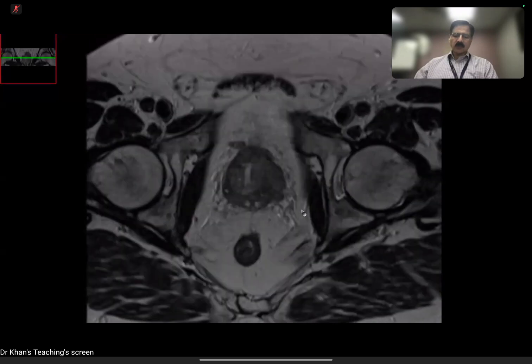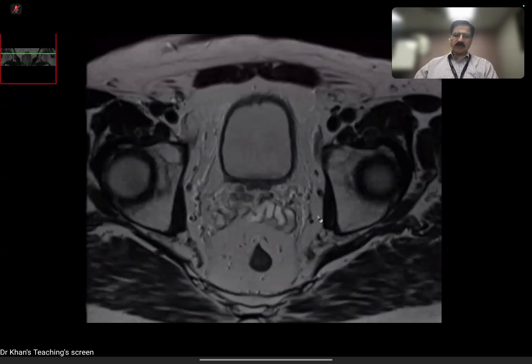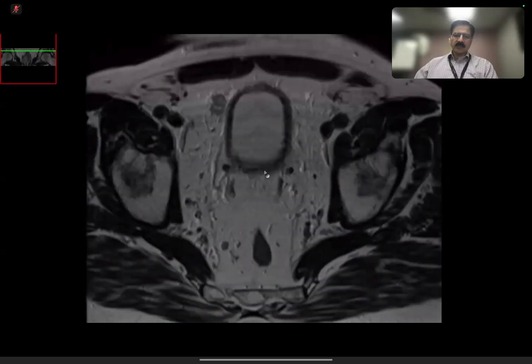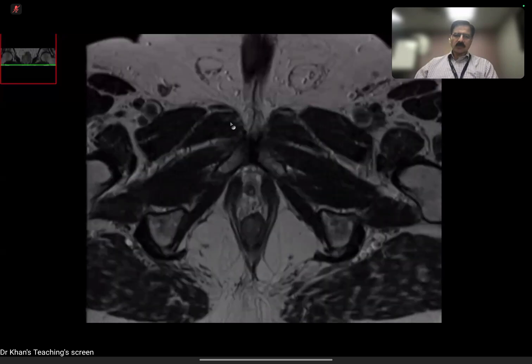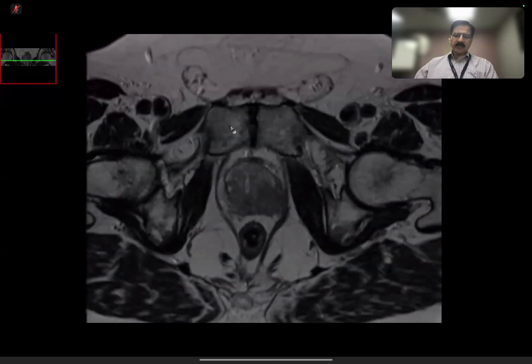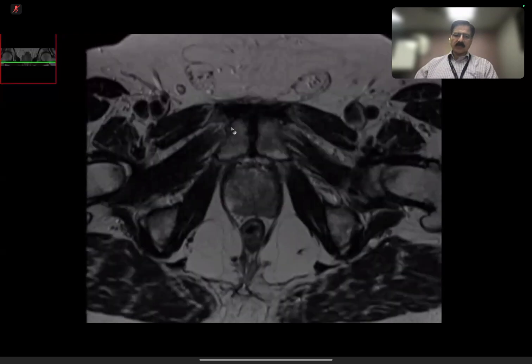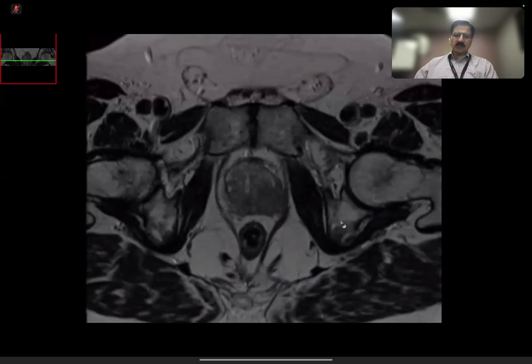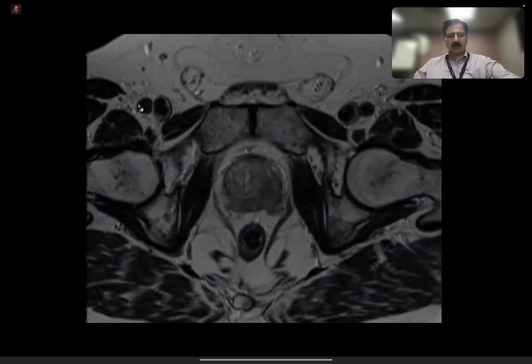Now, on this, let's look for lymph nodes. And you can see lymph node here, you can see lymph node here, and look at this, lymph node here, lymph node here. So there are lymph nodes. On this T2 weighted sequence, it is not very specific for marrow, but there appears to be something wrong, but we will not conclude anything.